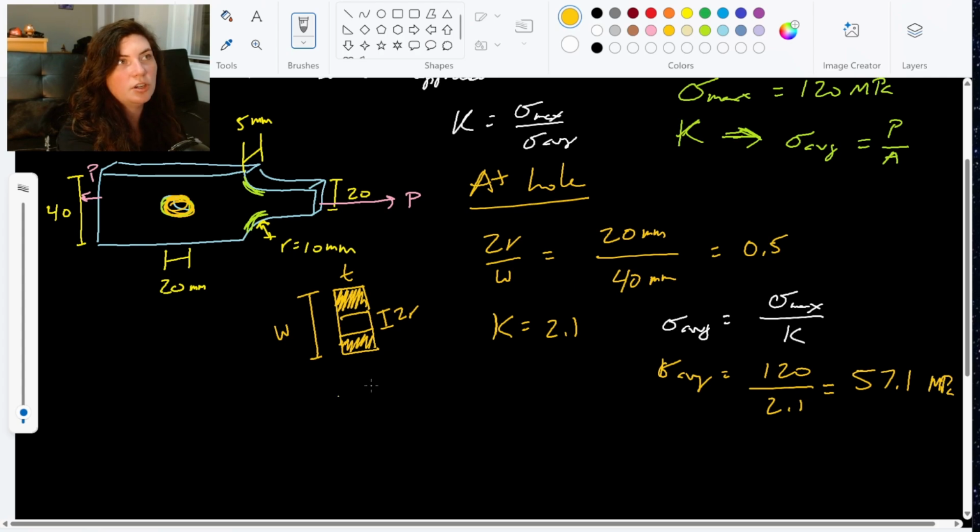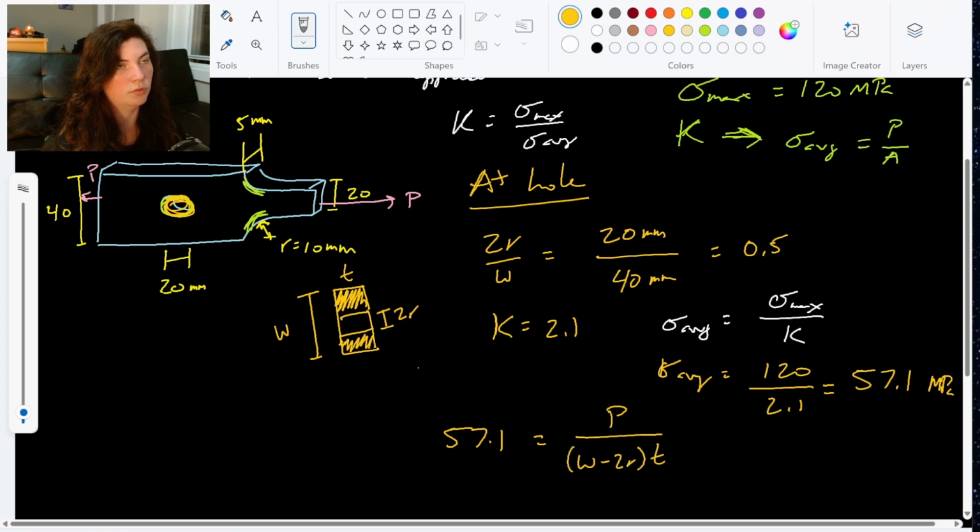Which then we can go and use that equation, right? You can determine it yourself here, or you can use that equation. And we can say, all right, now my 57.1, that's my stress, is going to be P over A. And again, that cross-sectional area is that W minus 2R times T. That's this area over here.